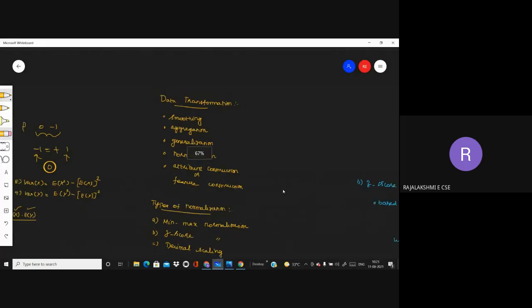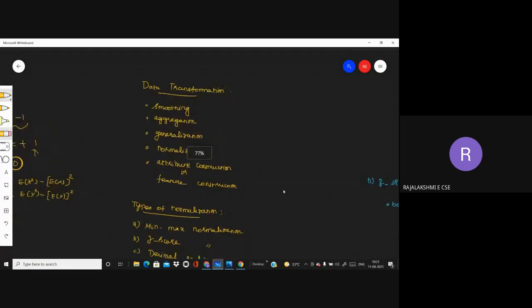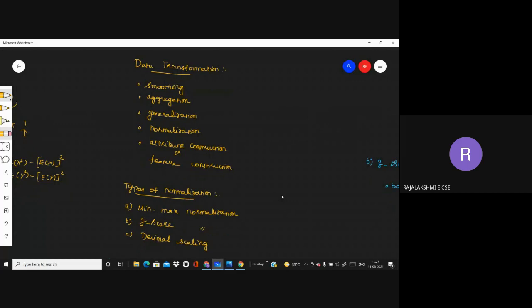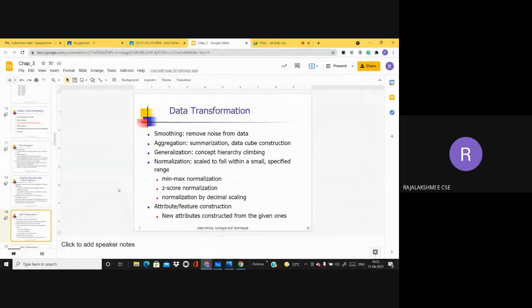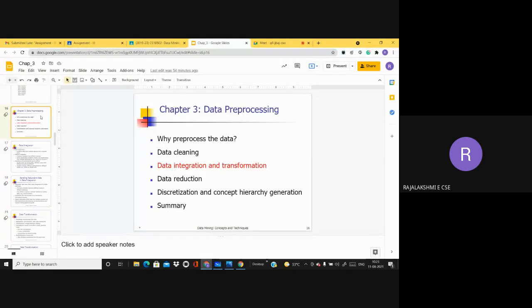Okay, the next step in the data pre-processing is the data transformation. What are all the steps we have seen so far for the data pre-processing? First, we saw data cleaning, noisy data, smoothing, clustering.